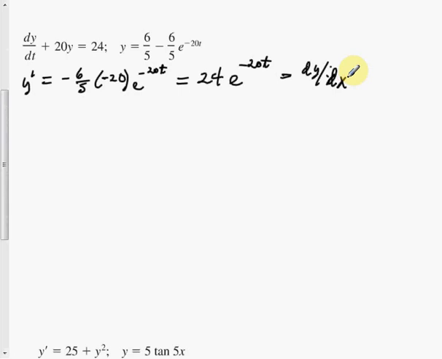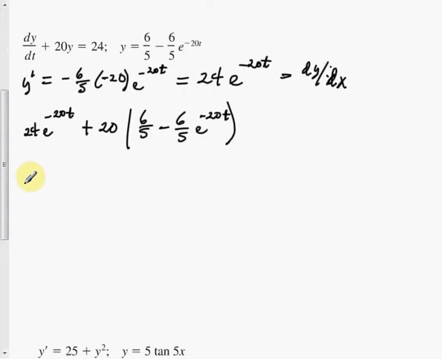Okay, so we have y prime, which is here the 24 e to the negative 20t plus 20 times y, and y would be 6 over 5 minus 6 over 5 times e to the negative 20t. So this is 24 e to the negative 20t.